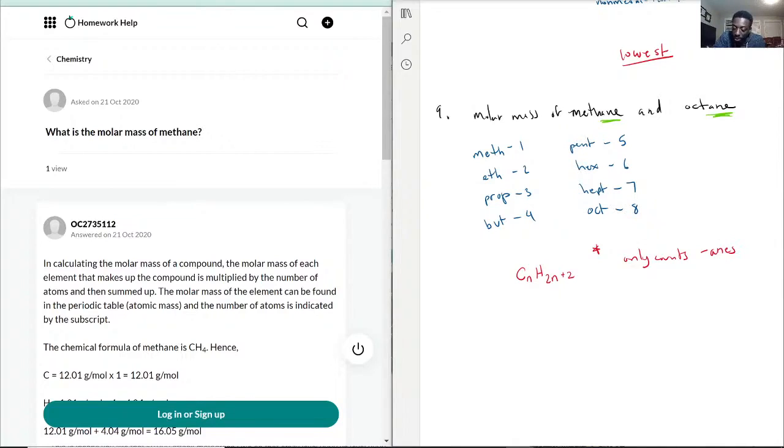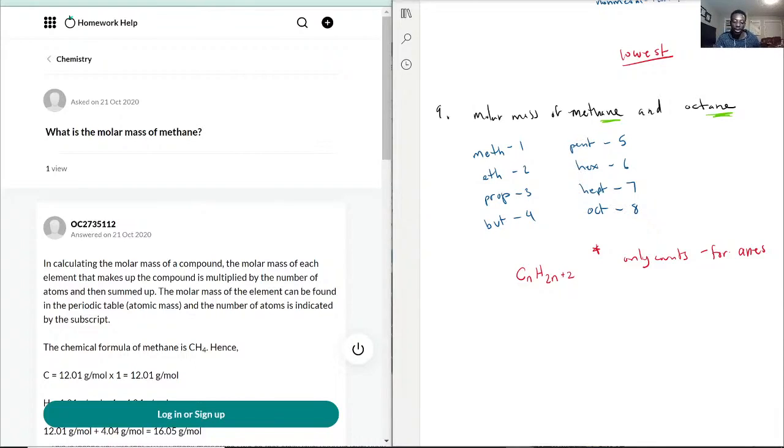You need a different formula for the ynes or enes, which have double or triple bonds. It only counts for fully saturated hydrocarbons, the anes.